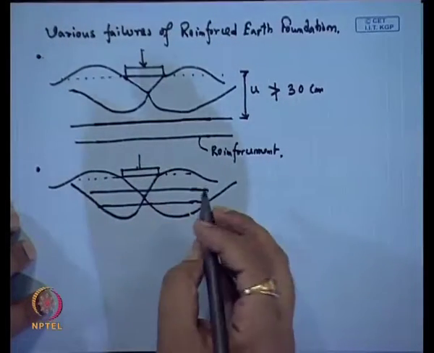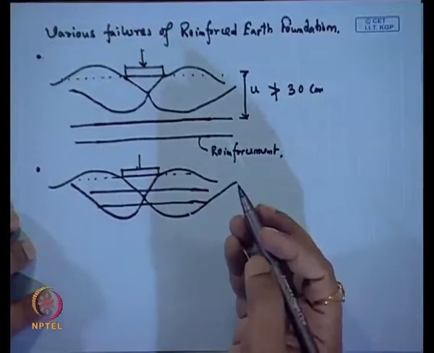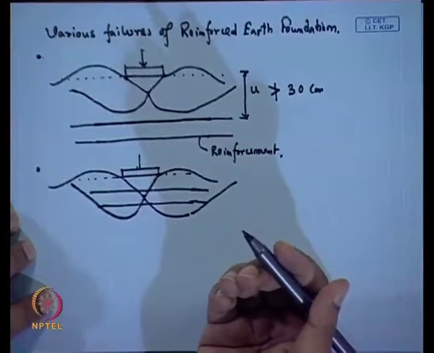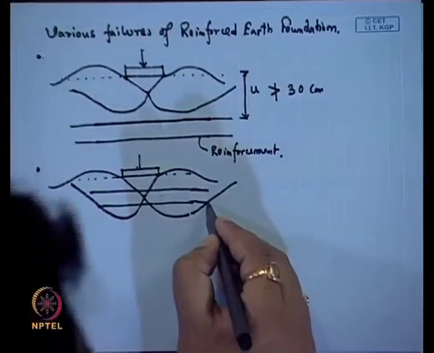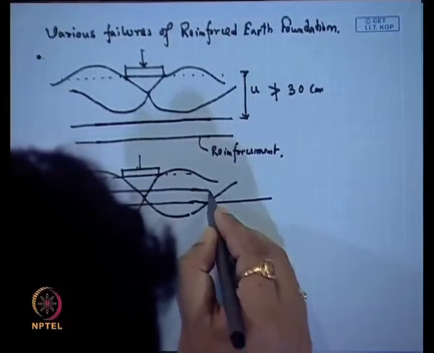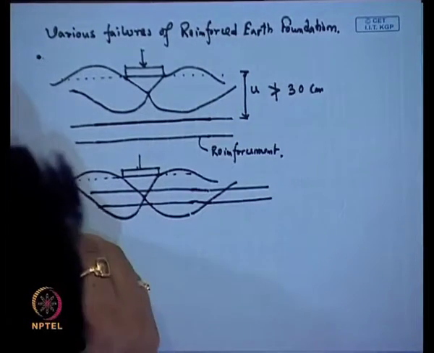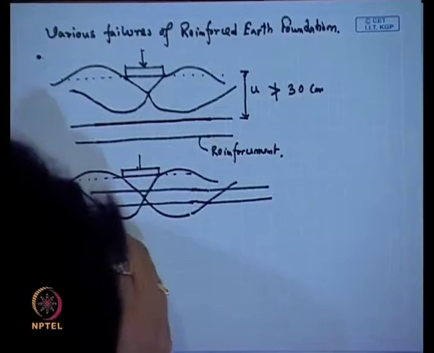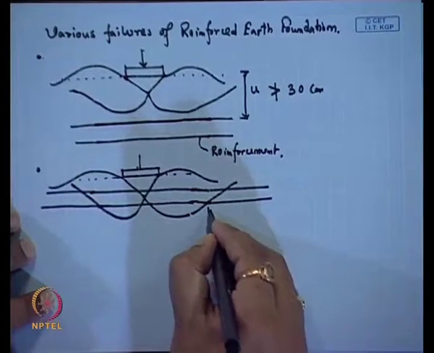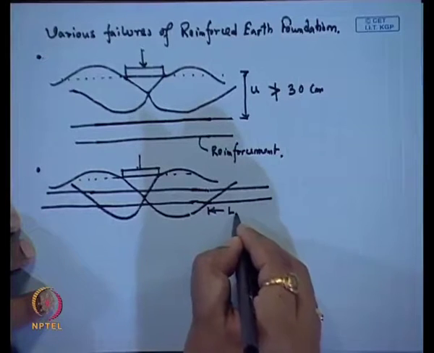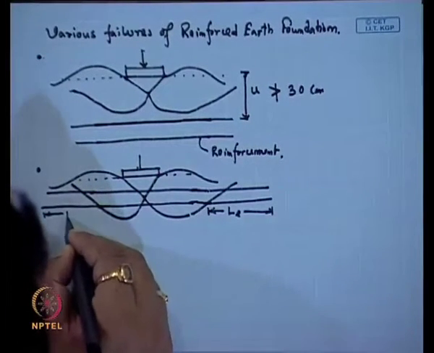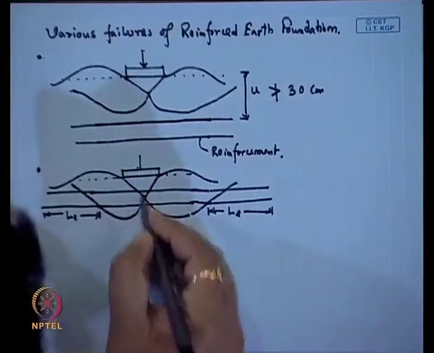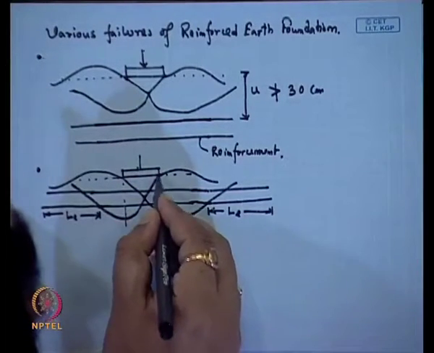So, it will be similar to an unreinforced soil, and we will not get any benefit from the reinforcement. When we place a sufficient anchor length beyond these two sides of the failure surface, this is called the anchor length L E. So, this is the failure surface, L E, and this is B.